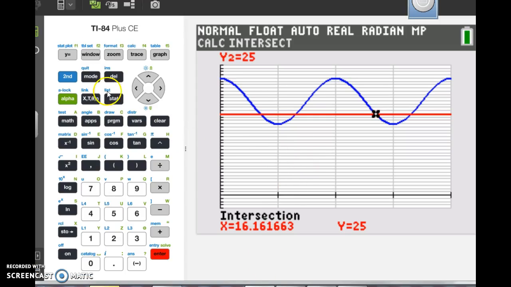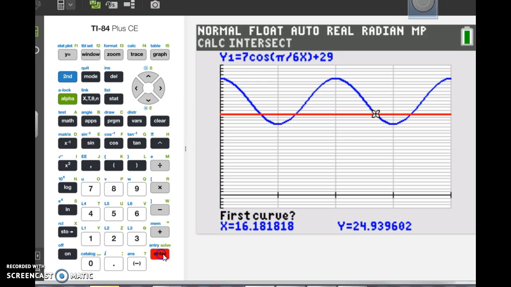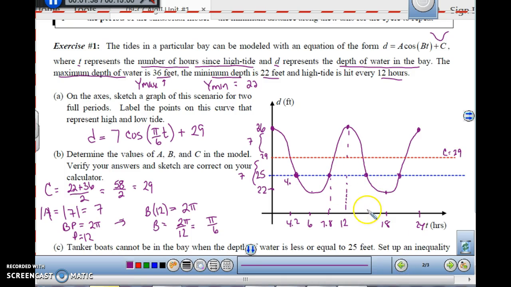And then the last one: enter, enter, and then move over to here, enter, and I get 19.8. So my values are 16.2 and 19.8, and anything below that will be less than or equal to 25 feet. Okay, so we have created the graph and then used it to answer the question.